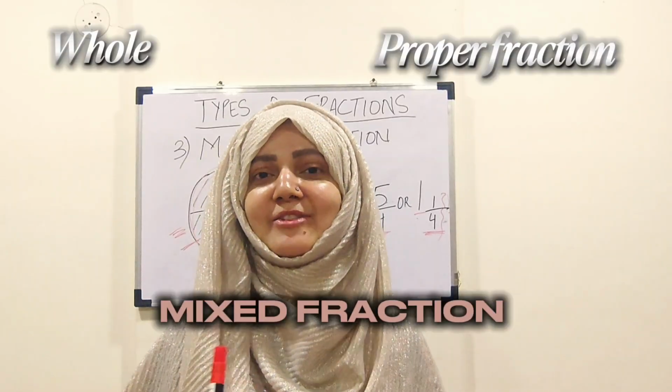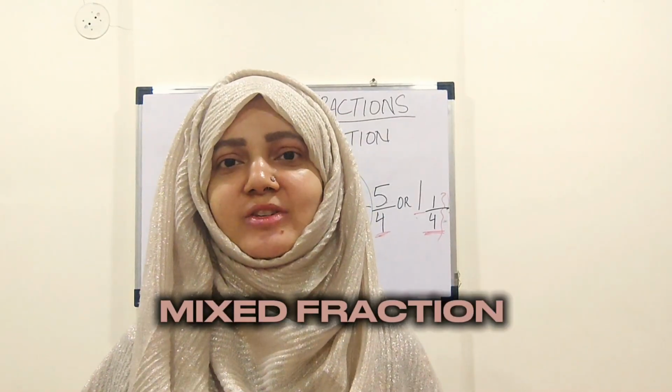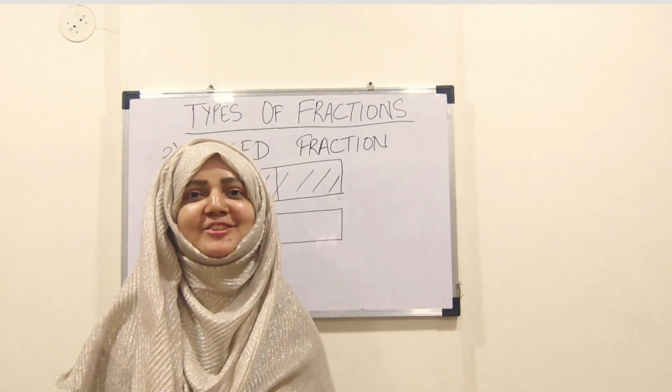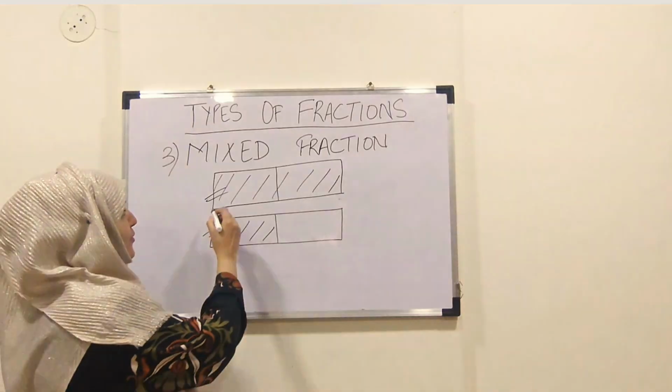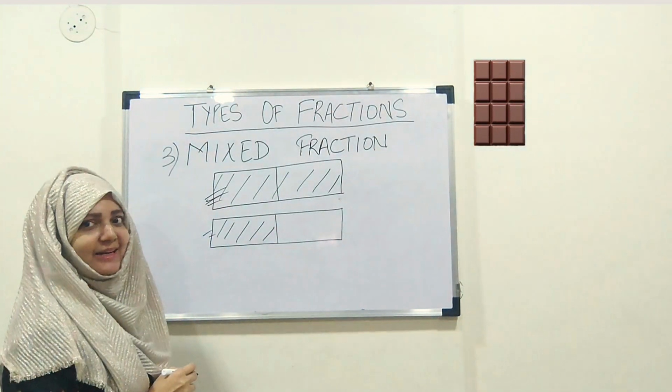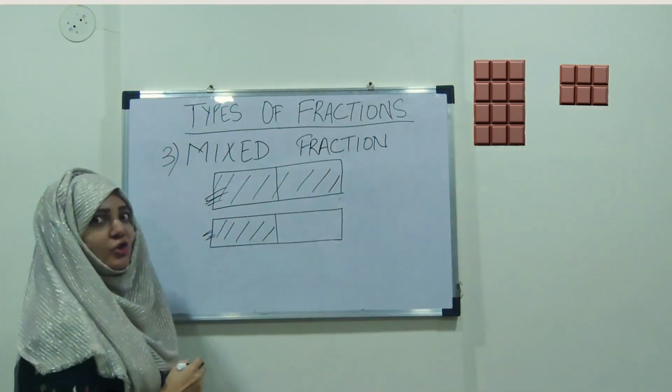Okay, so the next type is mixed fraction. A mixed fraction has a whole number and a proper fraction together, so its value is always more than one whole. Imagine you have 2 chocolates like this, and you ate one whole chocolate and half from the next chocolate.